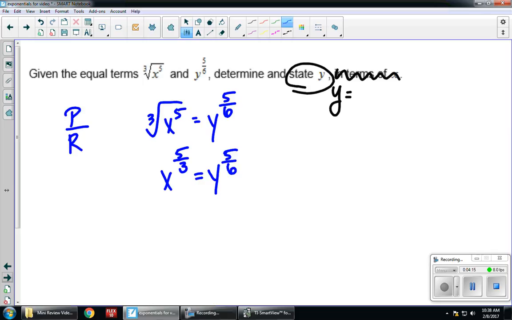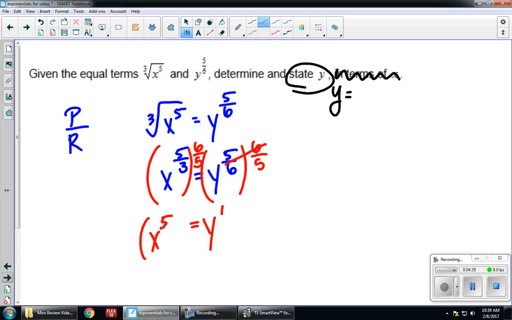I want the y by itself. So I need to solve for y. In order to get rid of a fractional exponent, we're going to raise both sides to the reciprocal power. Because by doing that, on the right-hand side, 5/6 times 6/5 cancels, and this is technically y to the 1st, or just y. And over here, I have x to the 5/3 to the 6/5 power.